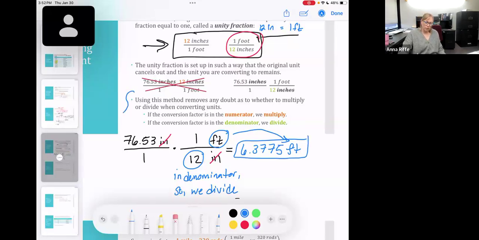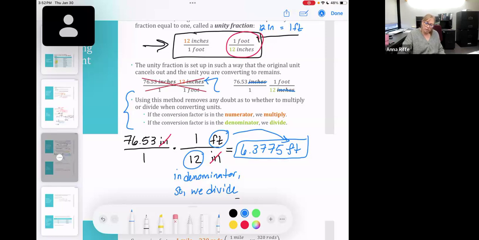And that's kind of explained up here. We chose our unity fraction appropriately. We did not want to choose the unity fraction with the inches on top, because then we would get inches times inches on top, not the unit that we want to end up with. We chose the unity fraction that caused the inches to be on top and bottom of the two different fractions, therefore they canceled.